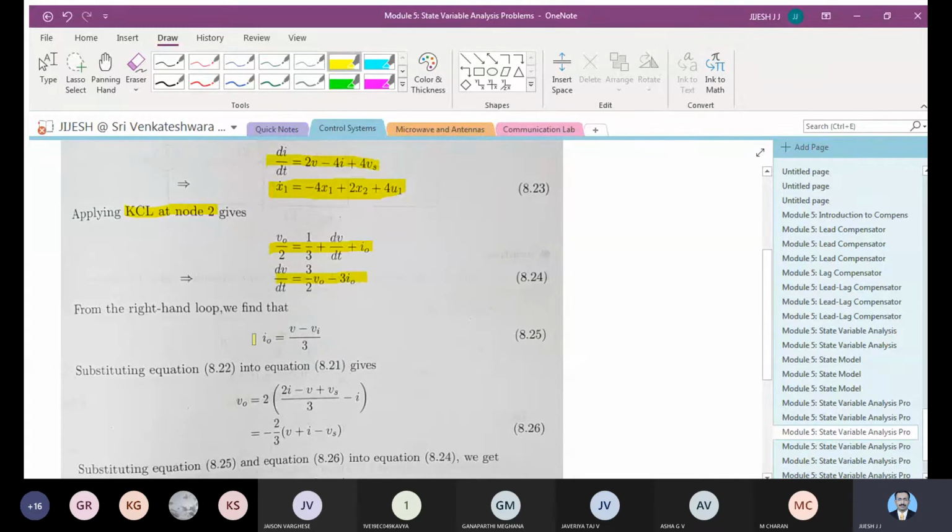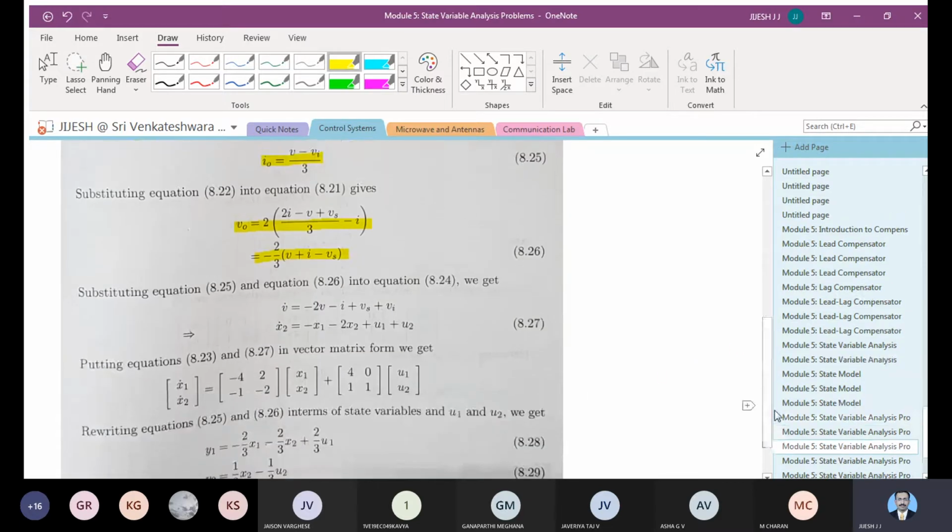I0 we can write as VI minus V minus VI divided by, then further substitution of I0 and simplification, you will get minus 2 by 3 V plus I minus Vs. These are the equations you got when you did the simplification, substituting equation 25 in 26 in 24.